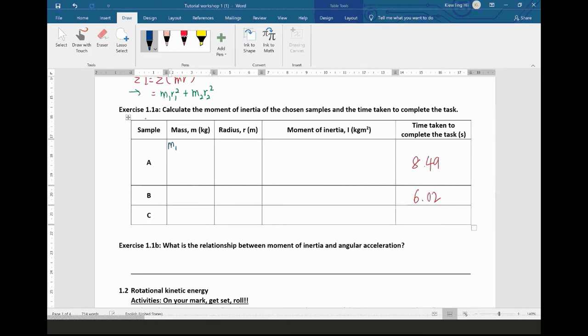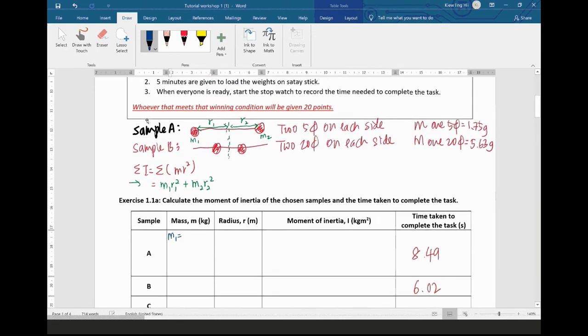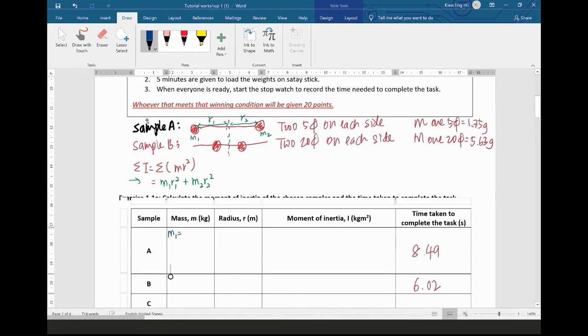Your m1 on one side is given by two 5-cent coins. So 1.75 times 2 grams, converted to SI unit, times 10 to the power of negative 3.